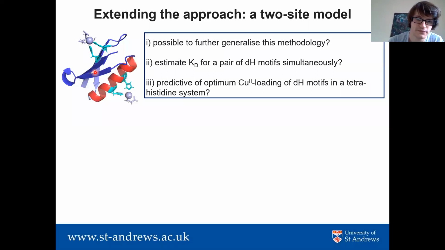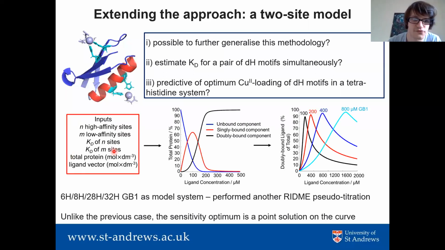So to do this, we derived a general speciation model for a pair of KD values and a given protein concentration. And then what you can do is input these values for a vector of ligand concentrations. And on the right here, I've shown the modulation depth profiles as a function of the copper label concentration.